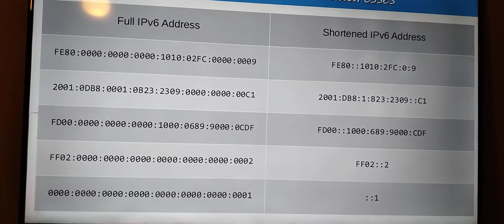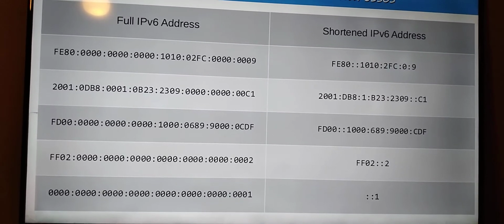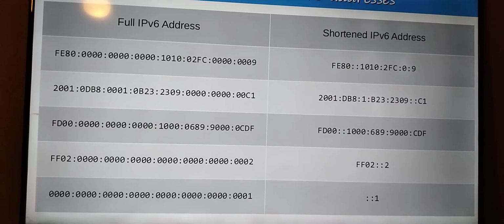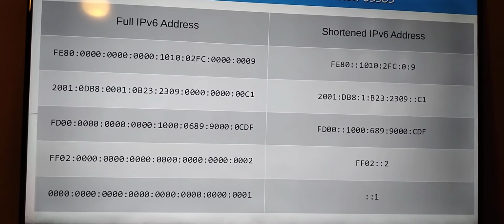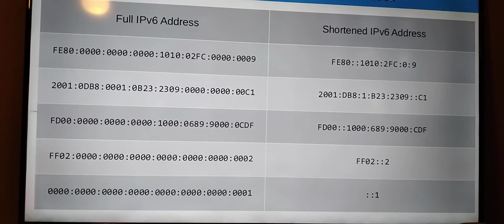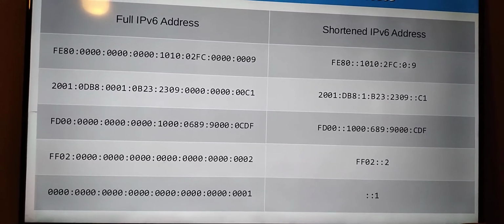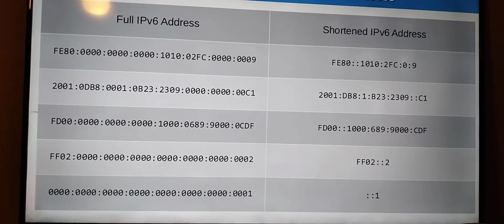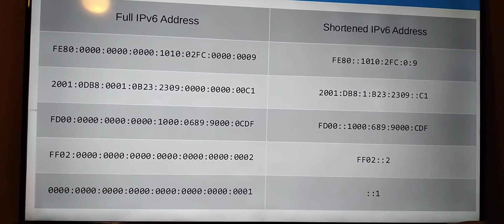When you go to the right, it is colon, colon, and then the number 1. So let's use a few rules. If we have zeros at the beginning of a quartet, like you see, we can leave out all the zeros and just put down the 1.